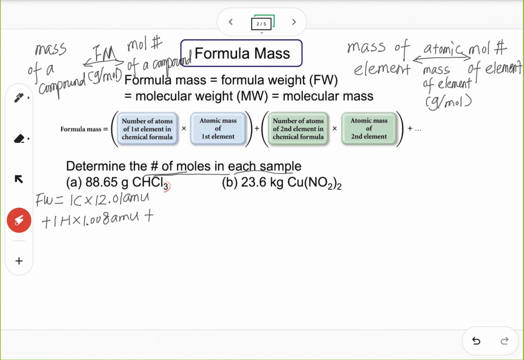Remember, the number on the lower right corner of an element in the formula represents how many atoms you have for this element in this compound. Since you have 3 chlorine, that will be 3 chlorine times the atomic mass of chlorine, that is 35.45 gram per mole.